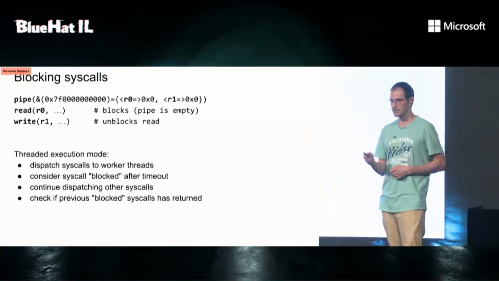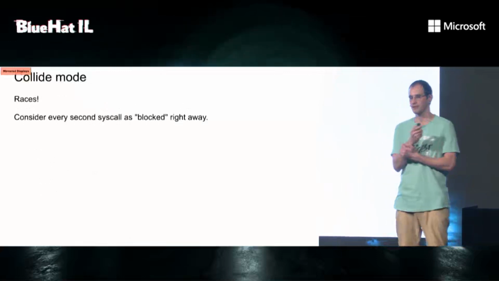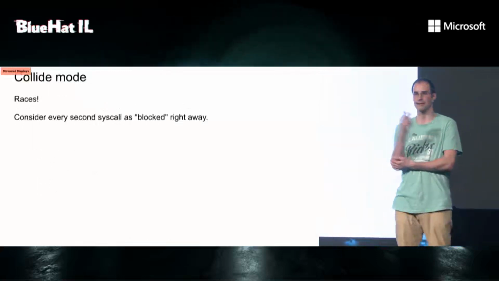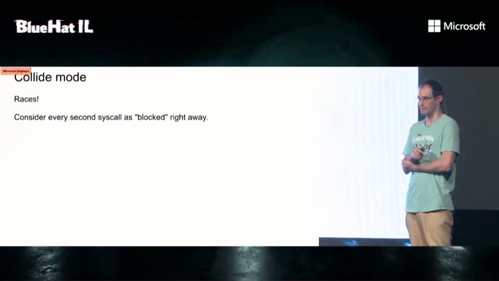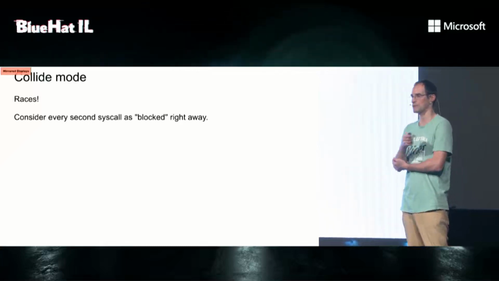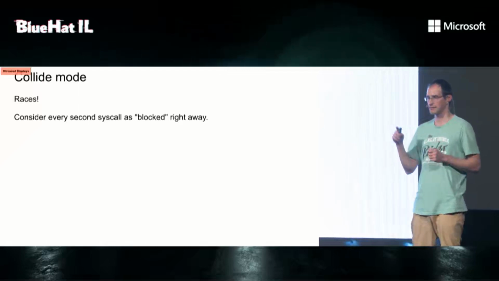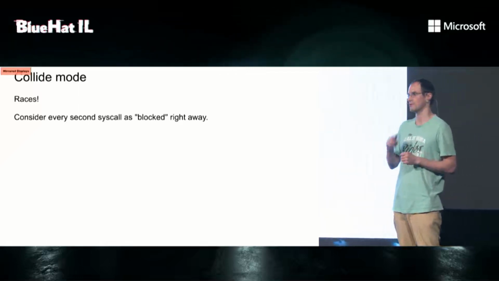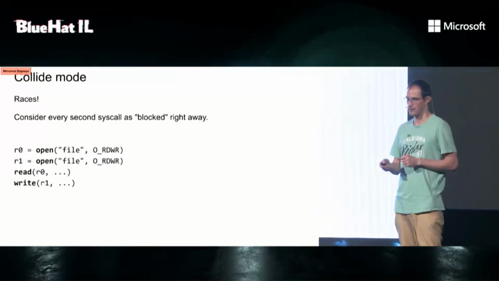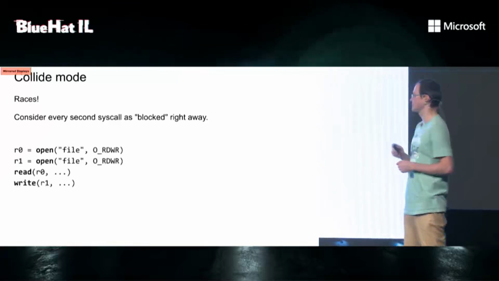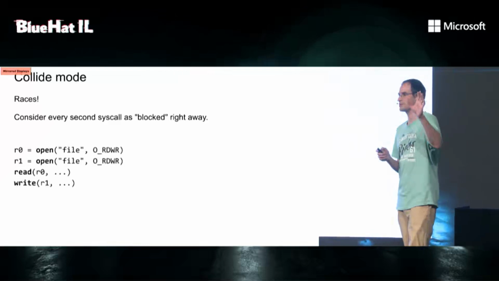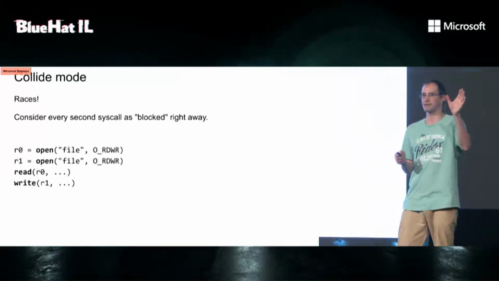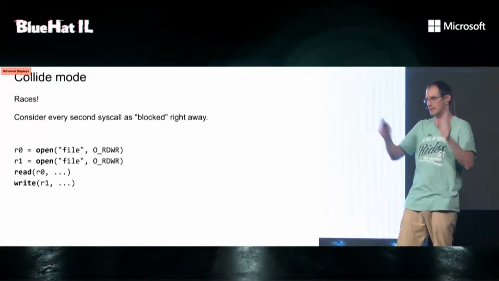No rocket science here, but a more interesting thing is called collide mode, and it helps us to provoke data races. It works in the following way. We simply consider that every second system call is blocked right away. Let's look at the following program. We start executing the first open, we dispatch it to a thread, and then we immediately consider that it's blocked and immediately start the second one.